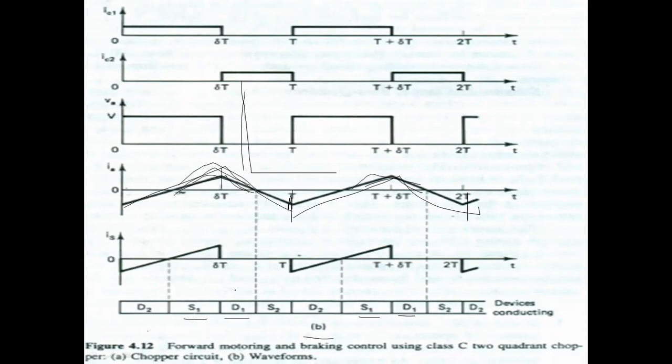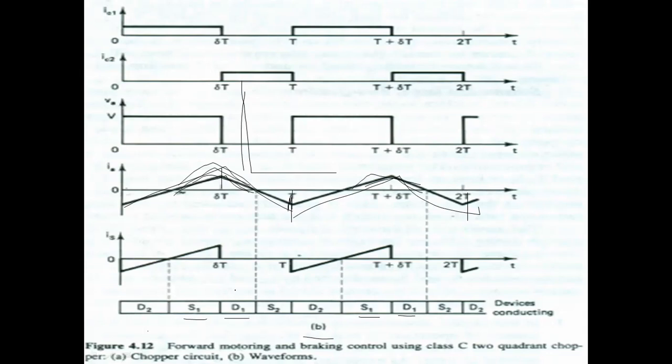As the ripple is almost 5% of the rated current, S2 and D2 will conduct only when the motor is at very light load, that is, when the armature current is only 5% of the rated current.